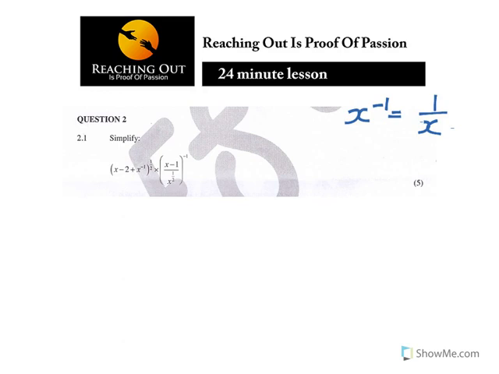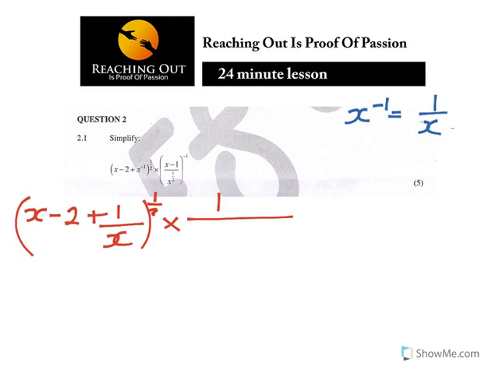So now what you have here, you will have x minus 2 plus 1 over x to the power half, times 1 over then x minus 1 over x to the power half.